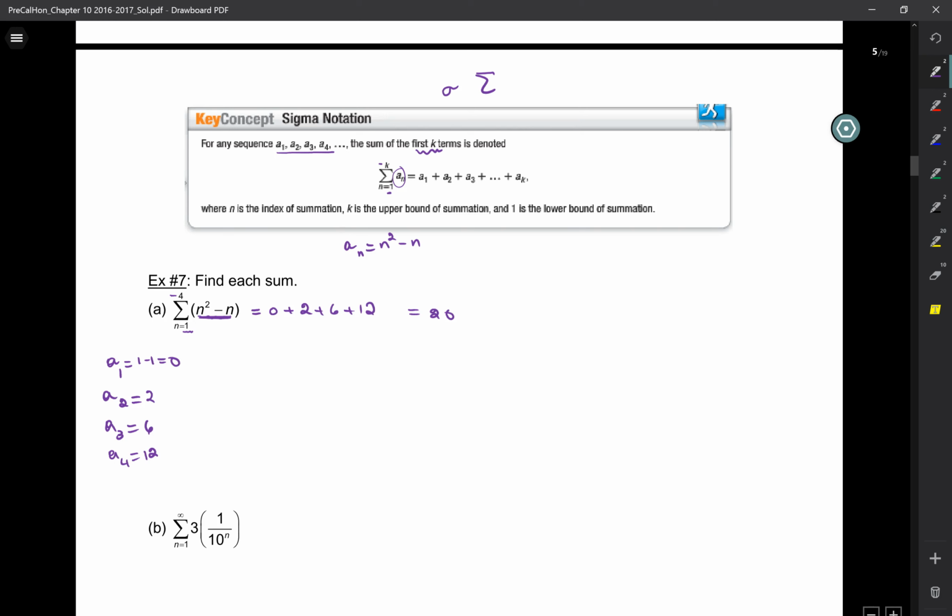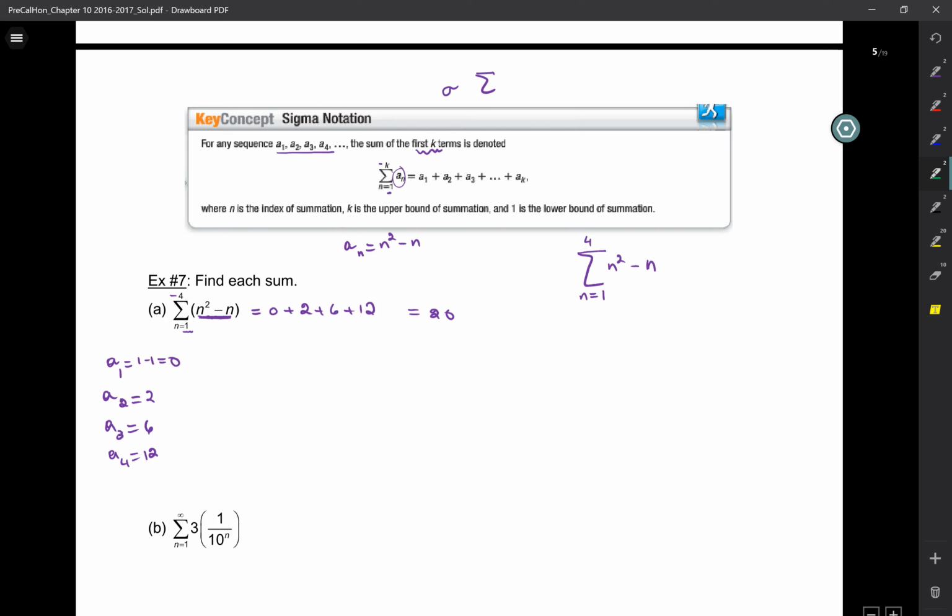Okay? I just want to comment a little bit on the parentheses here. Make sure you do put parentheses, because suppose you have this, minus n. You don't want to leave things ambiguous.